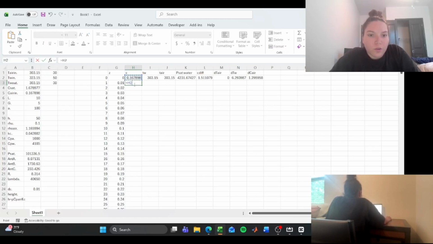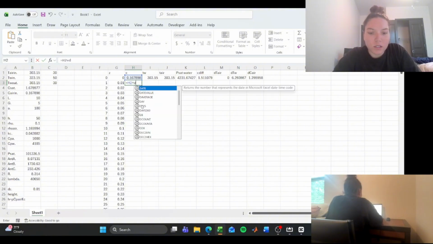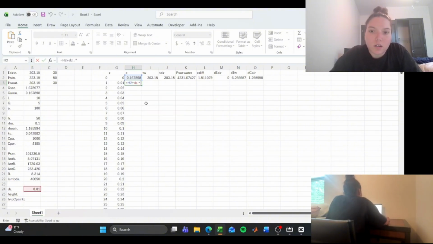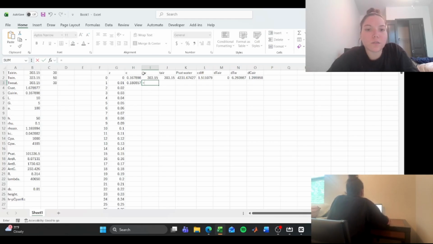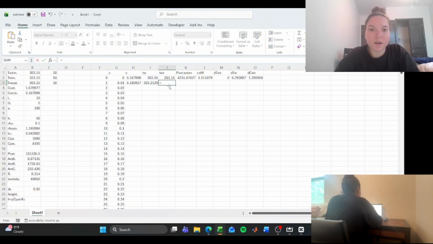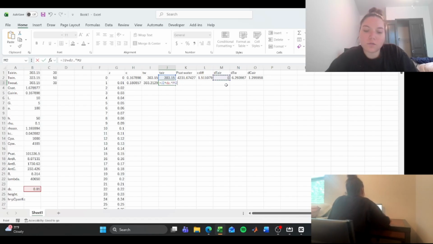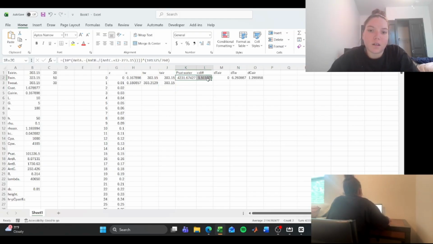It's going to be equal to where you are plus dz times the change. Same thing for the water, and then for air, same thing: where you are plus dz times the differential.